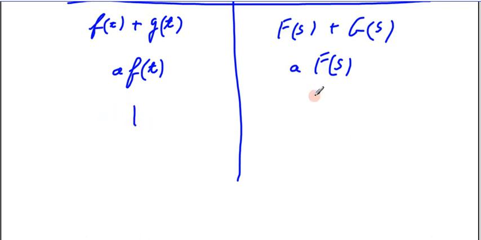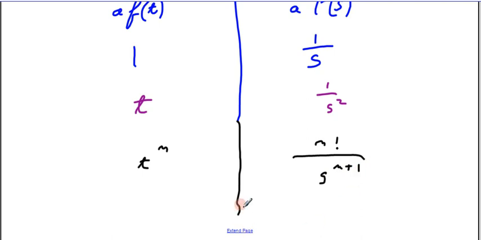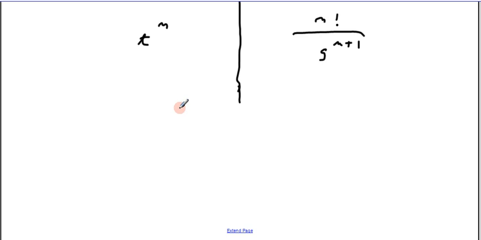If I do a 1, I'm going to have 1 over s. If I have a t, I'm going to have 1 over s squared. If I have t to the n, the Laplace transform is going to be n factorial divided by s to the n plus 1. Okay, that's probably okay. e to the at, and we'll do most of these later to show you that they're right, is 1 over s minus a.